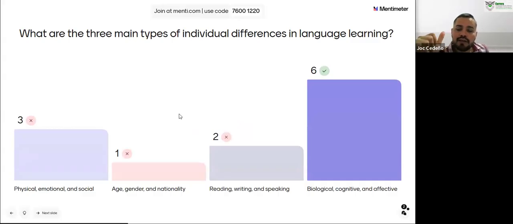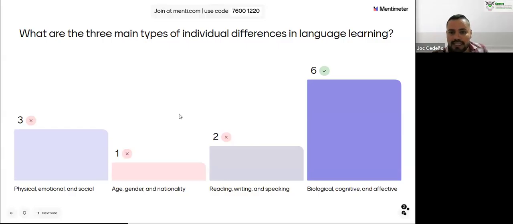First, we have the biological, which refers to all of your body functions and how they work. For example, some people have better vision than others. Other people have better listening skills, and this is biological because your organs are more developed, or maybe you have a special capability, or maybe you have a disability. There's also the cognitive difference, which talks about mental abilities. For example, you may be good at math or science, and that depends on your brain skills and your background information.